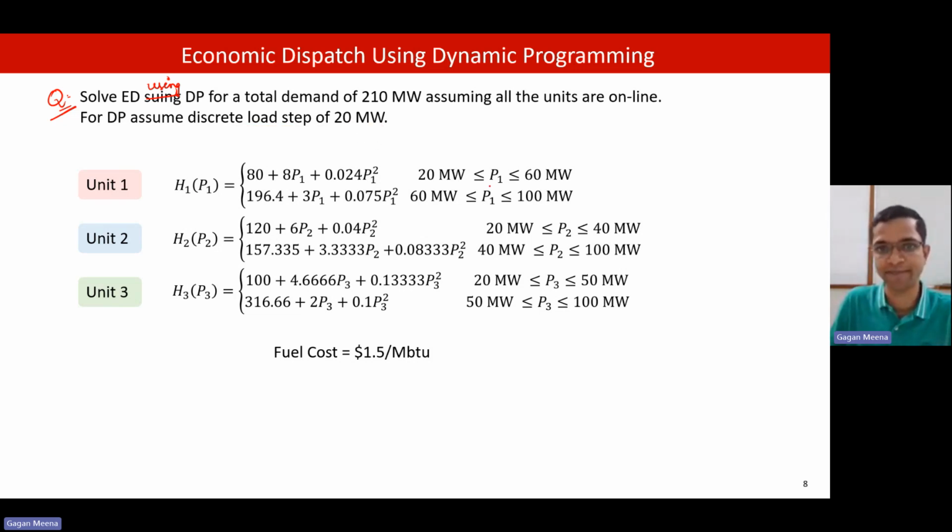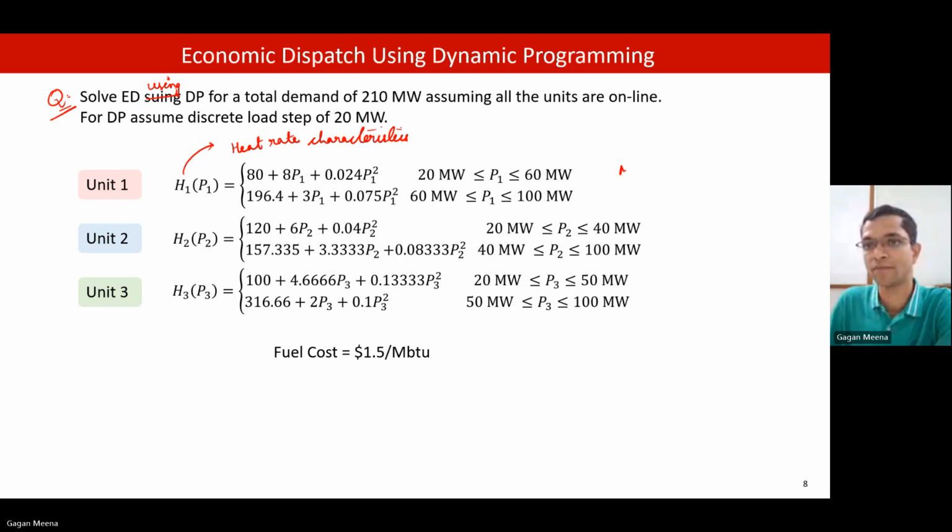Here we can see the cost curves of these, which are heat rate characteristics. What will be the unit? MBTU per hour.